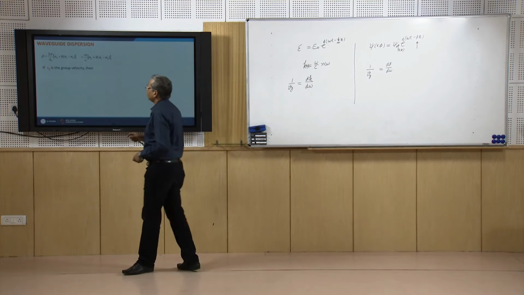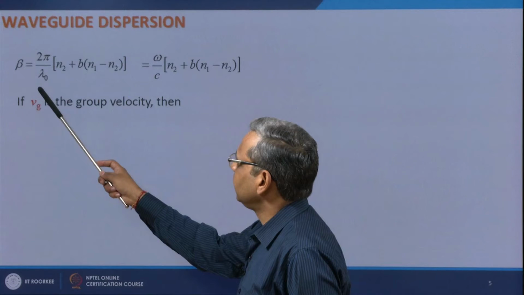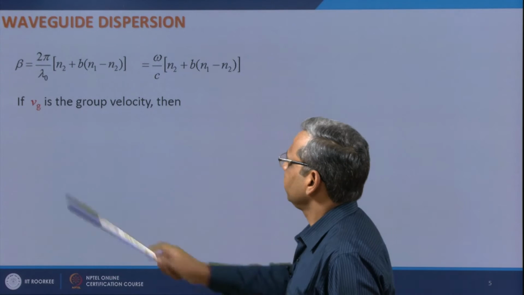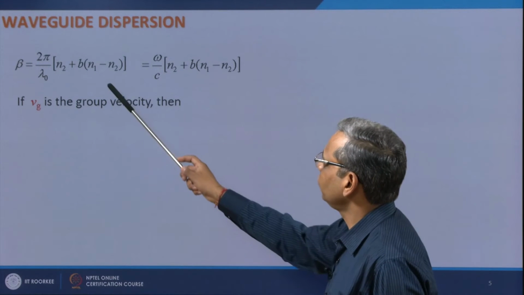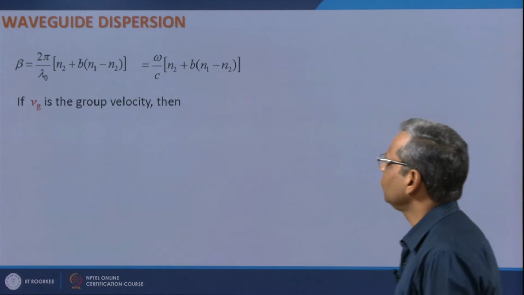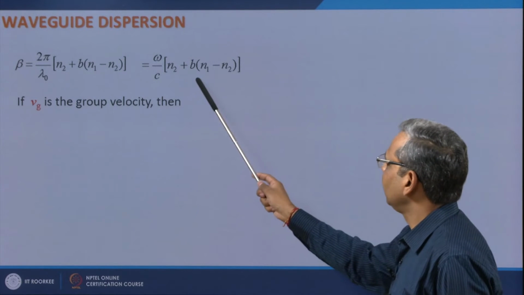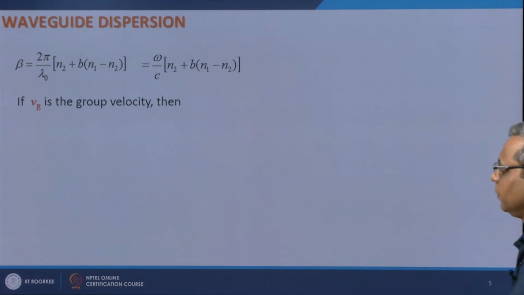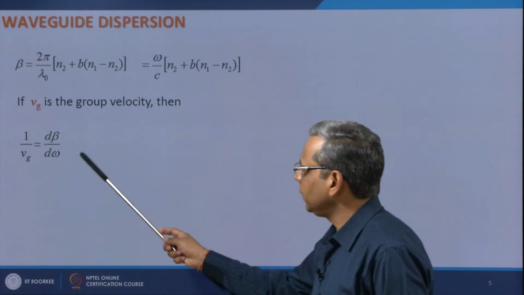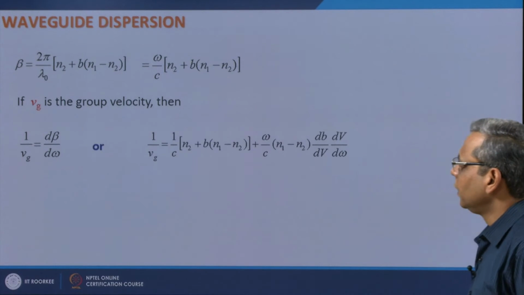So I again write down the expression for beta, which is 2 pi over lambda naught, which is nothing but k naught, n2 plus b times n1 minus n2, and this I can write as omega by c times n2 plus b times n1 minus n2, and if Vg is the group velocity, then 1 over Vg is equal to d beta over d omega.